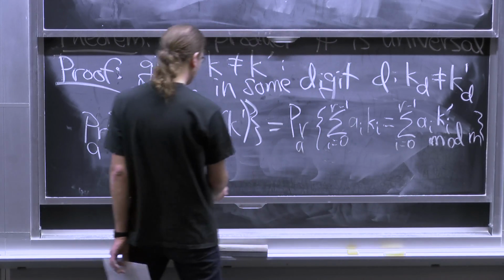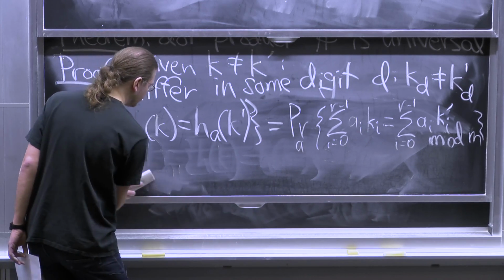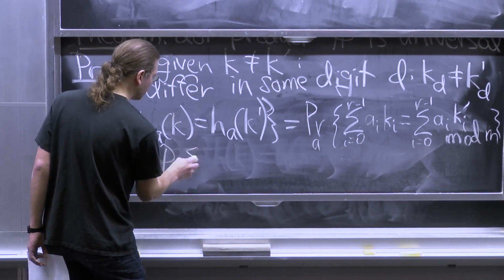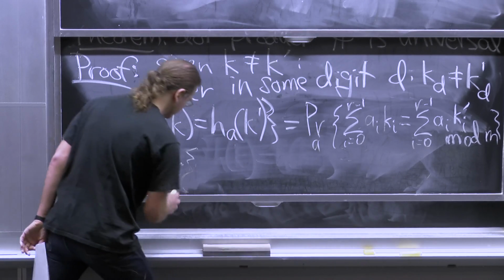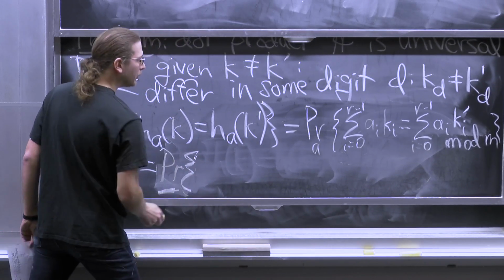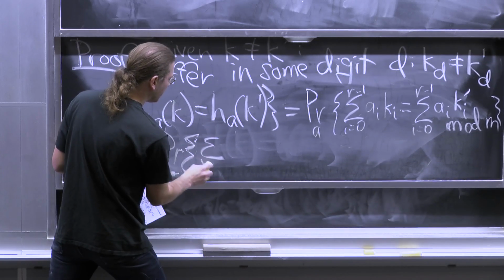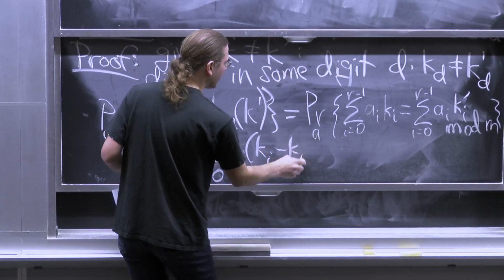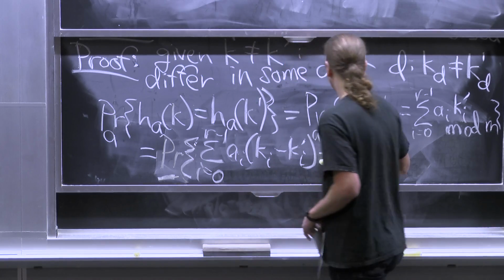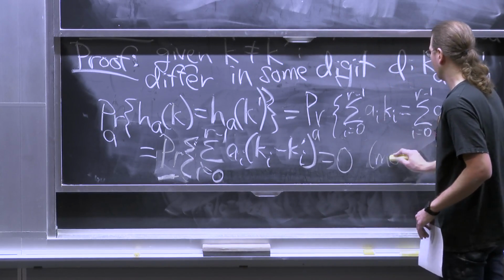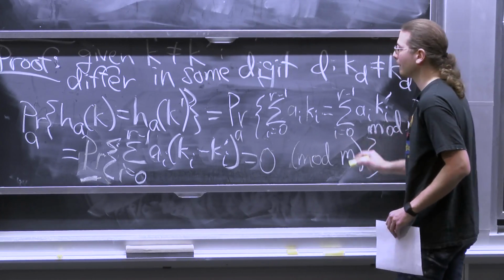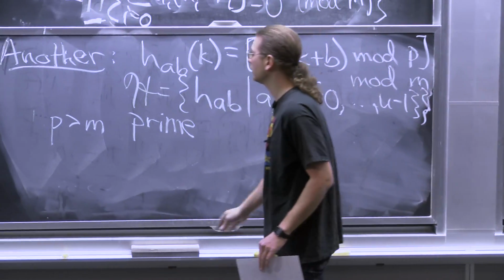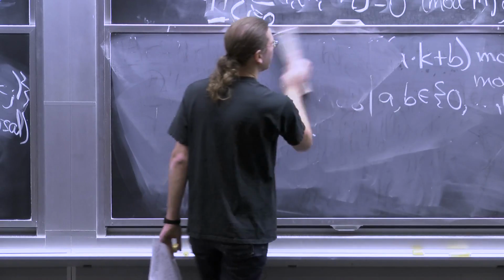So I can group terms and say this is the probability that the sum over i equals 0 to r minus 1 of a_i times (k_i minus k_i prime) equals 0 modulo m.